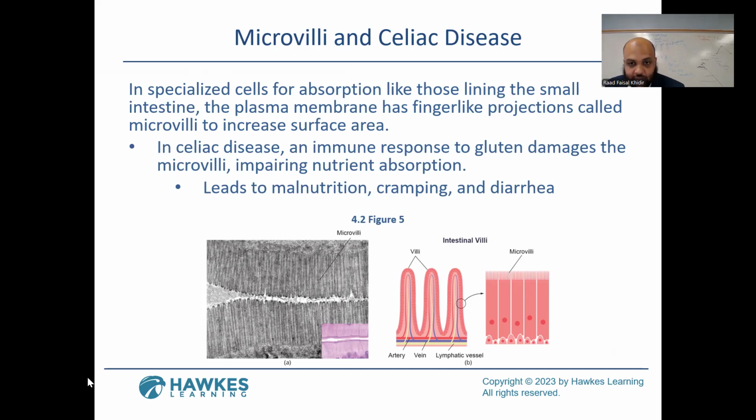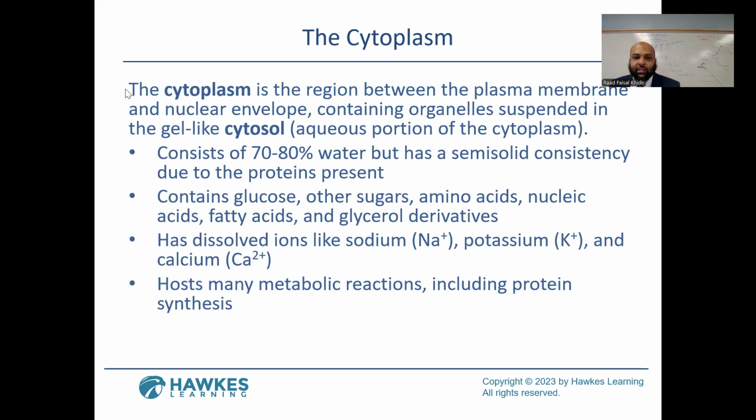Okay, so the celiac disease. The cytoplasm is the region between the plasma membrane and the nuclear envelope containing organelles suspended in a gel-like cytosol. That is the aqueous portion of the cytoplasm. It consists of 70 to 80% water, but has a semi-solid consistency.